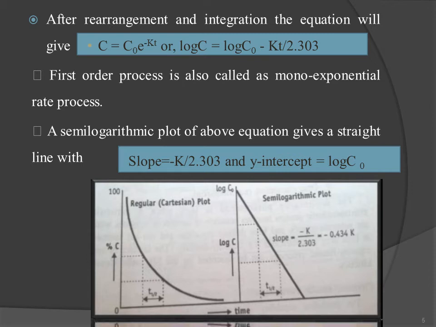We got this type of curve, that is known as a regular or Cartesian plot. And by plotting the logarithmic transformation, that is log C concentration versus time, we get a semi-logarithmic plot. The slope of this plot gives minus k by 2.303 and the y-intercept gives the log C0 value.